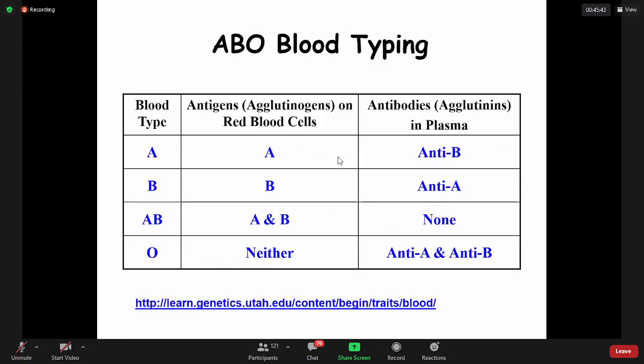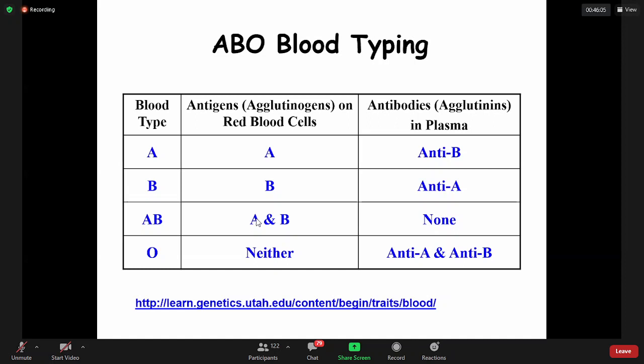Like we saw tissue typing, we also do typing for blood. If somebody is blood type A, it means he has antigen A and anti-B antibody.